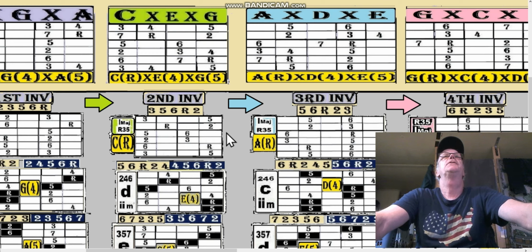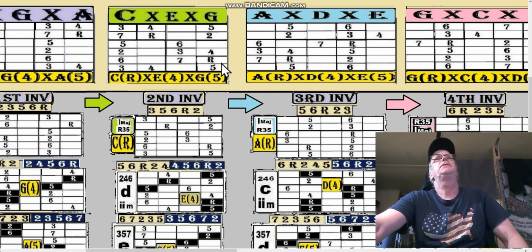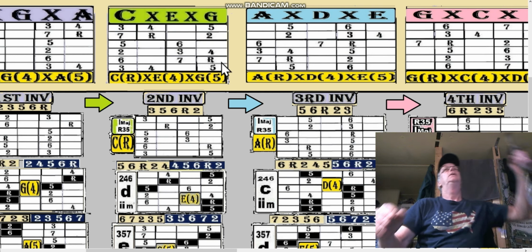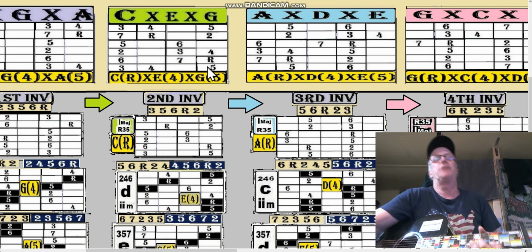The subject is each string has two notes, and if you put another note in there, it's going to be a half note. So in the C cage, you've got 3, 4, 5, 6, 7, root. That's E, F, G, A, B, C, and the key is C. But that's going to be a half note here, so that's not a pentatonic scale.